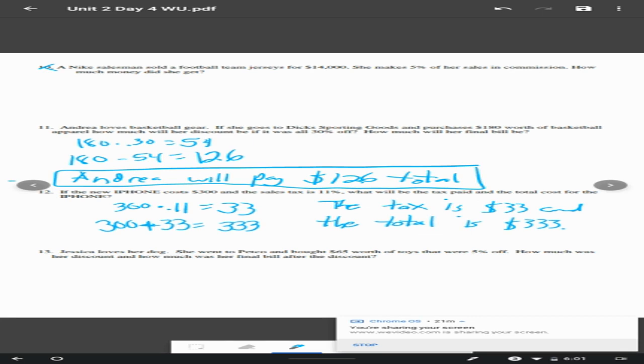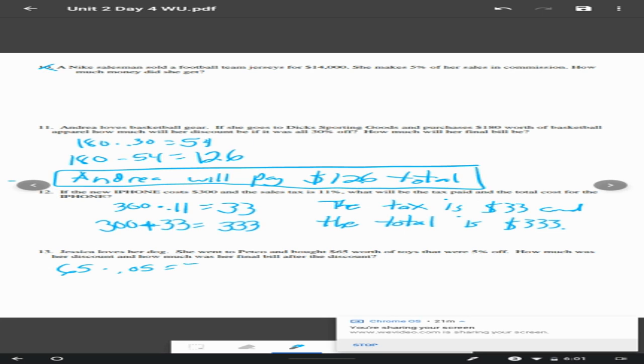And the last one on this page, Jessica talks about her dog. She went to Petco and bought $65 worth of toys that were 5% off. How much was her discount and her final bill? So we're just going to multiply those two numbers to begin always. So 65 times the 5 divided by 100 is 0.05. So 65 times 0.05.